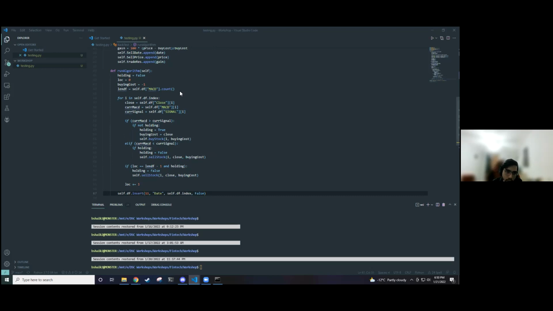Yeah, so location is just the index, so you can just rename it, but it's the row that you're on. So if location equals 0, you're on the 0th row of the data frame or the table. That's essentially all that does. And the len df is just the total number of rows you have in the data frame or the table, whichever way you want to look at it. Does that make sense?